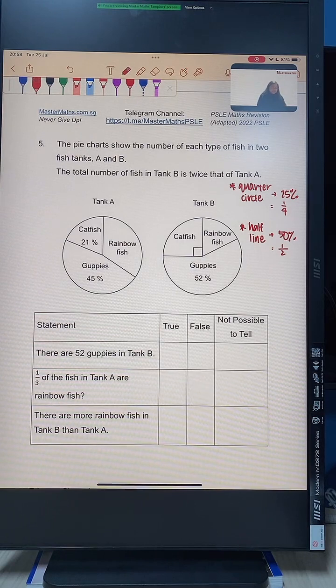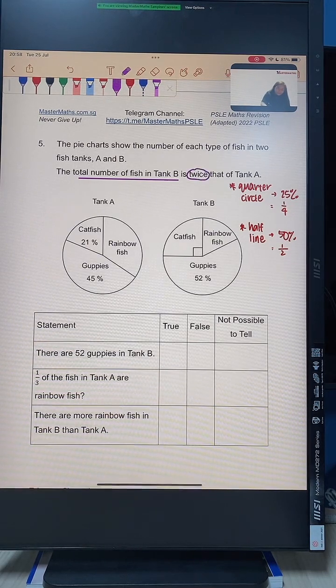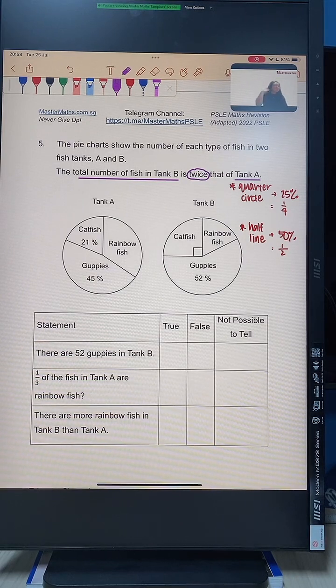Okay, the question says that the total number of fish in tank B is twice that of tank A. Let me ask you guys this again. Do we remember, if we don't know how many fish there are, what do we call them?